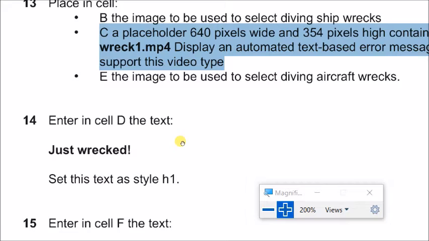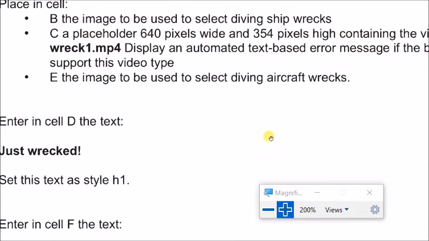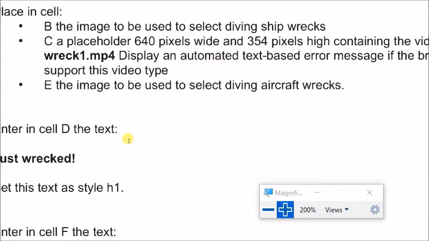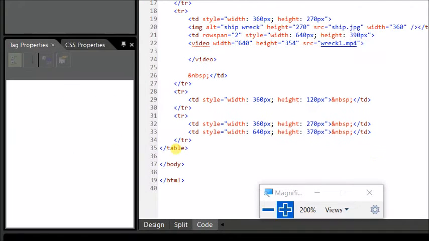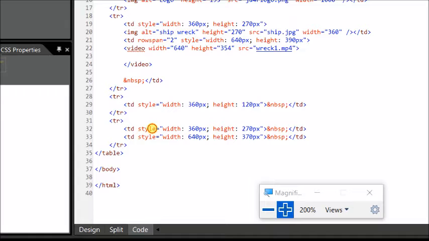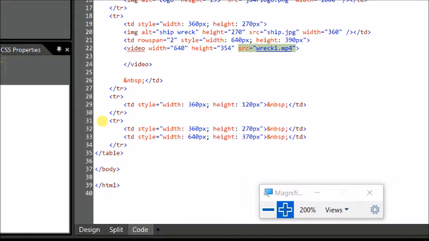You can see display an automated text-based error message if the browser does not support this video type. So you have to give an error message there. So when it loads, if this video is available, this will be loaded. Otherwise you have to give an error message. So you can type here, your browser does not support the video format.